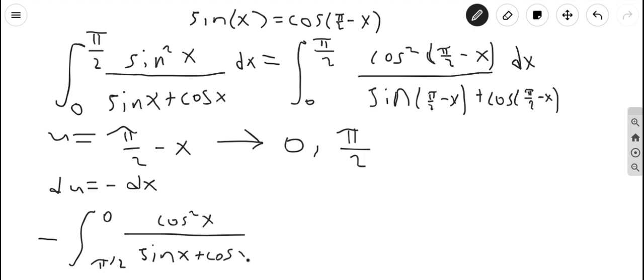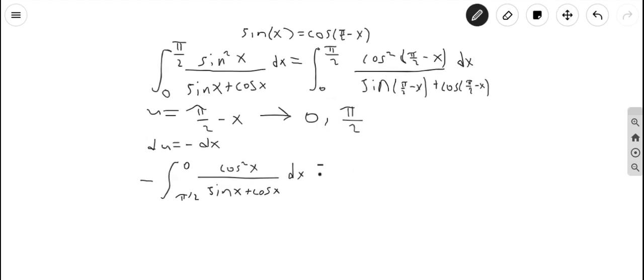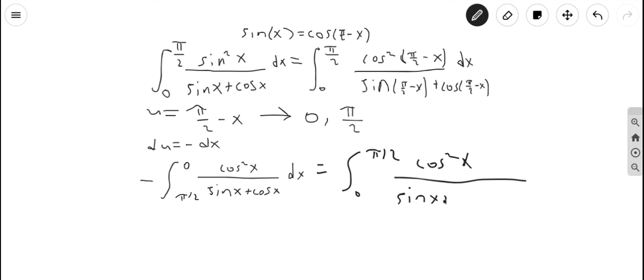Now what you will realize is that we can change the bounds of integration quite easily. Because that's a negative, we can say it's from 0 to pi over 2, and so we have our new integral that we can work with. The variable substitution was with u, but because u and x are just arbitrary variables, we can just say that we're doing it in terms of x.